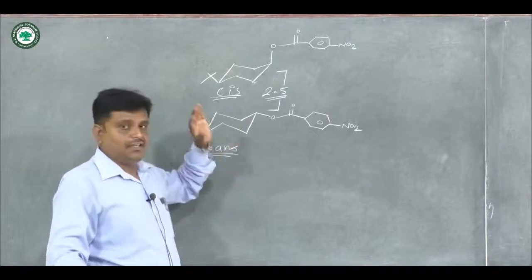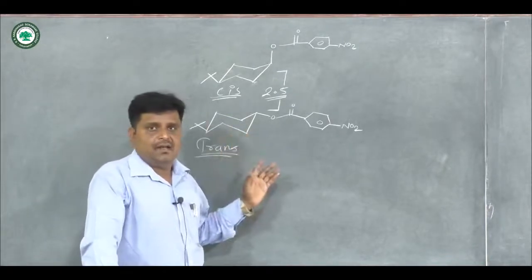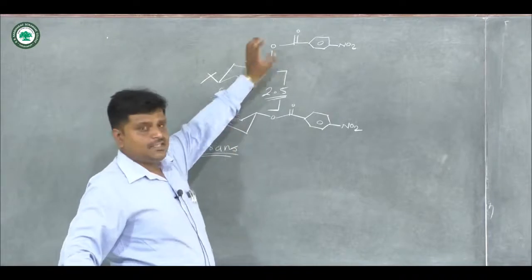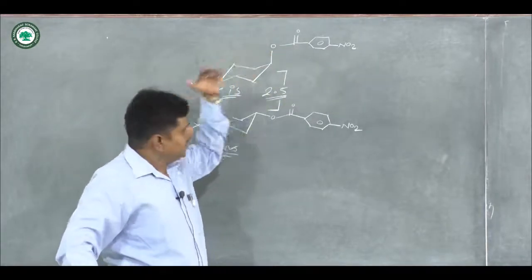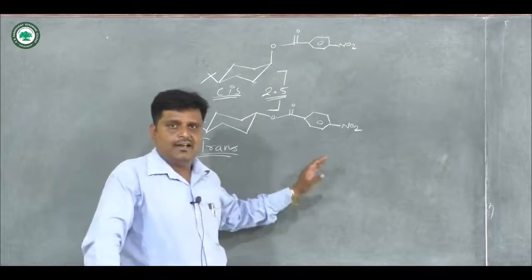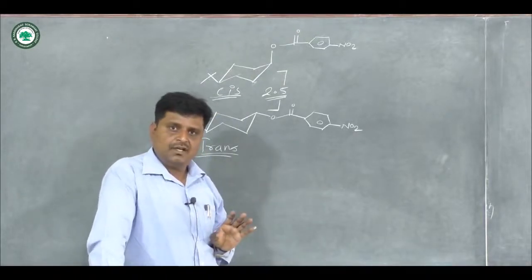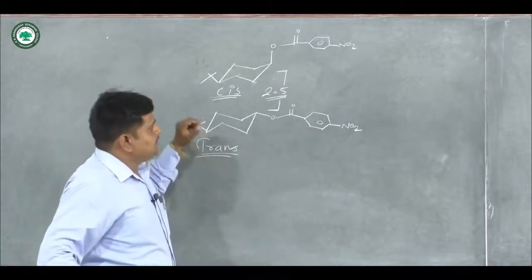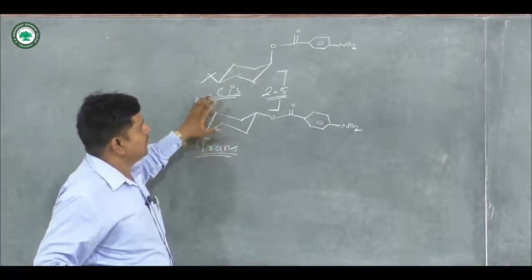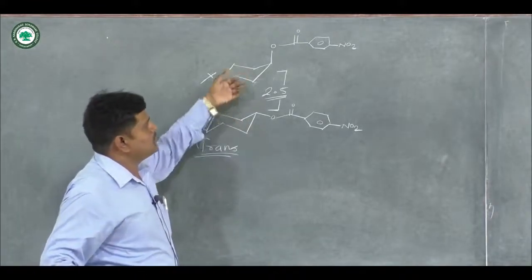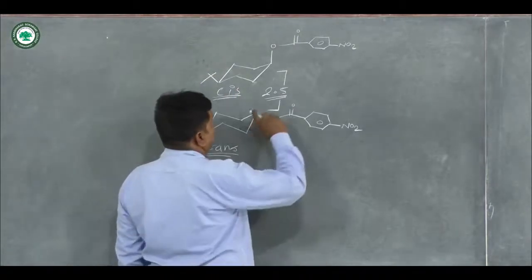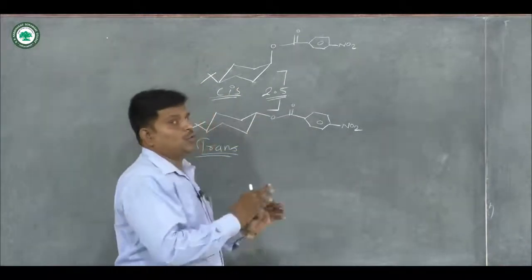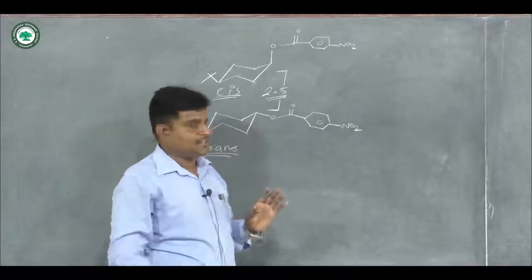As we saw in the last example, when the bulk is at the axial position, the rate of reaction is faster, and when the bulk is at the equatorial position, the rate is slower. Using this concept, we can apply it to this example too. Here the bulk is not totally accommodated at the axial position.